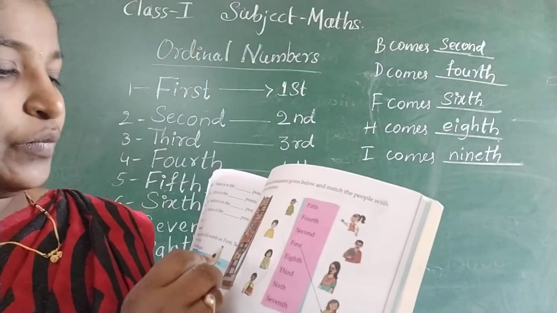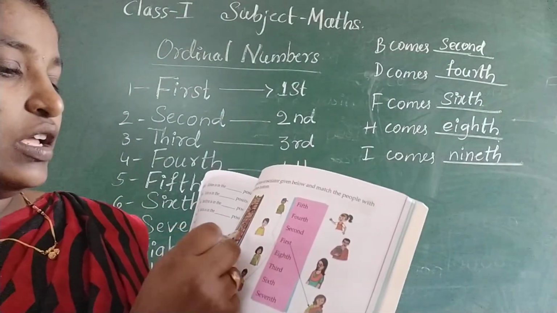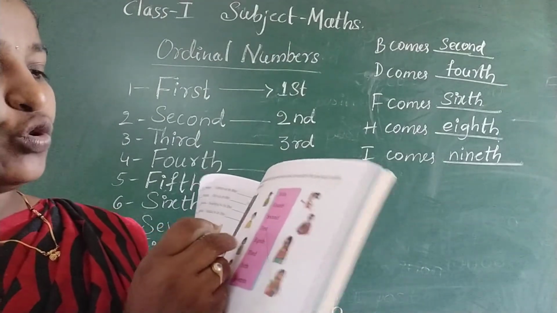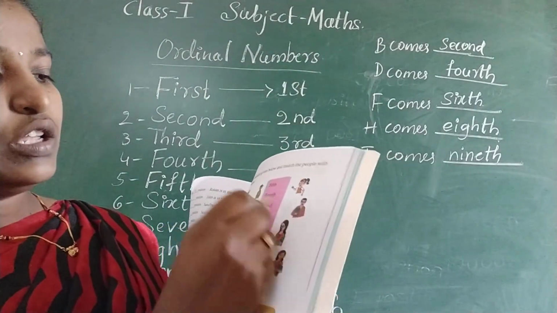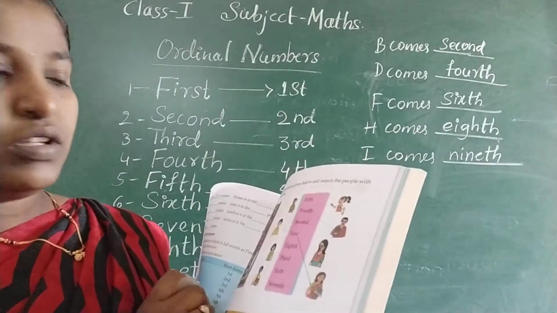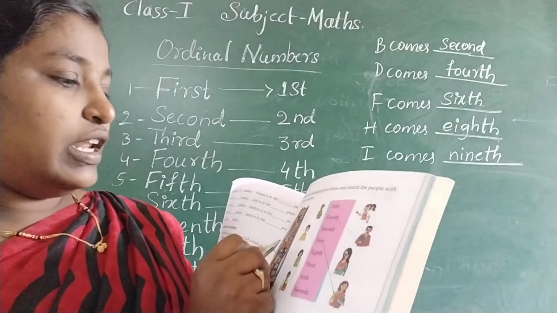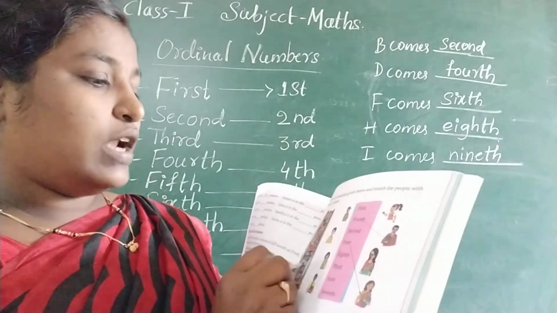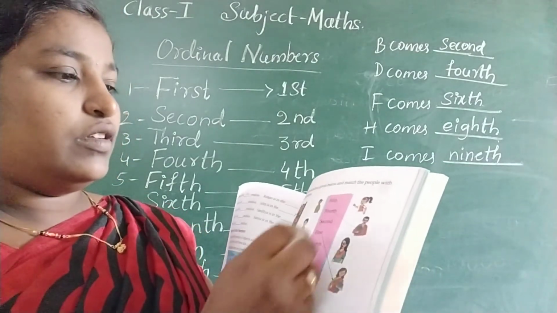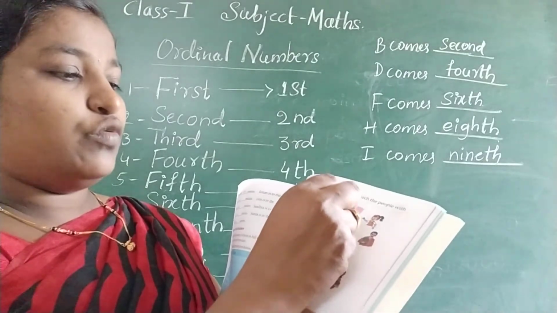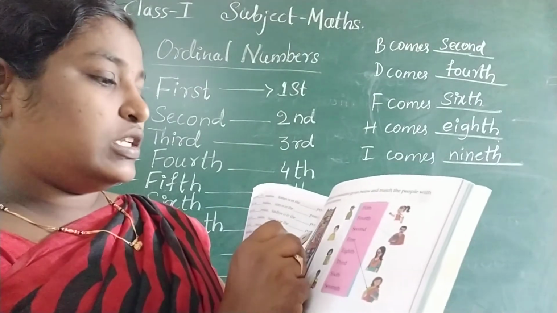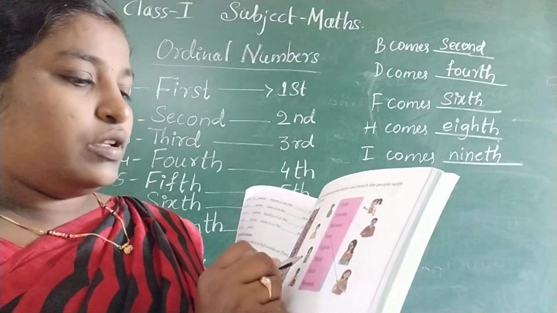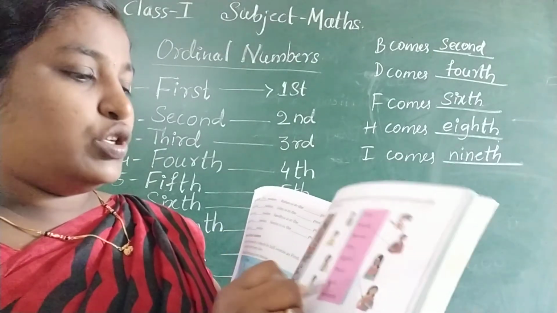And then fourth, again a man with a file and a brown coat. He is here. So match him to fourth. Then fifth, there is a lady with spectacles. She is 1, 2, 3, 4, 5, fifth. So match this lady to fifth. Next, there is a girl with a green top. She is in sixth position.